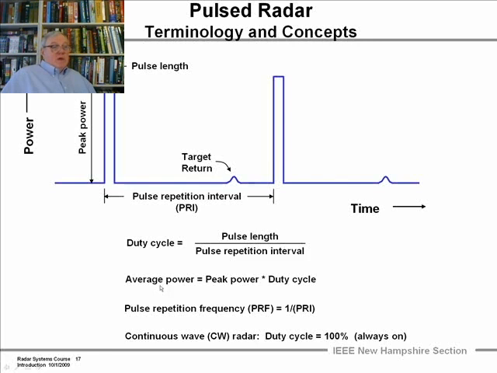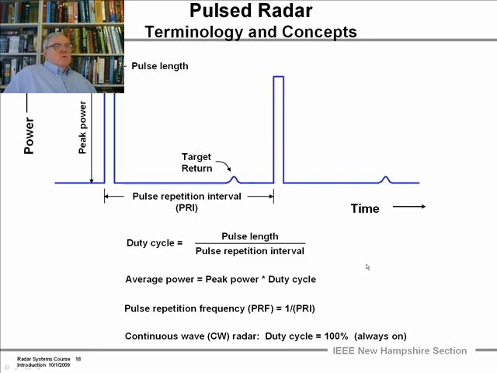And the average power would be the peak power times the duty cycle. The other quantity is the pulse repetition frequency, which is 1 over the pulse repetition interval. For a radar that's continuously transmitting, its pulse length is just on and on and on, it's 100% duty cycle. It's always on.